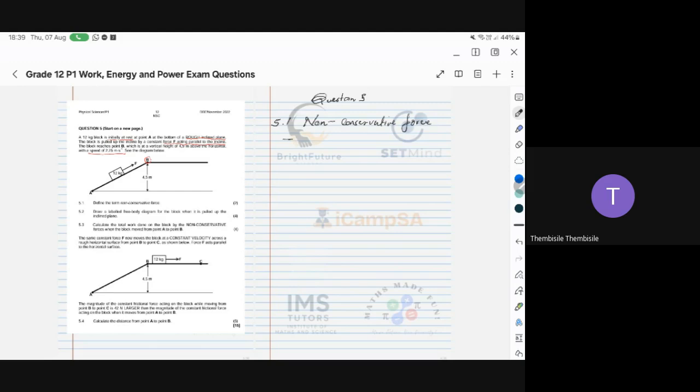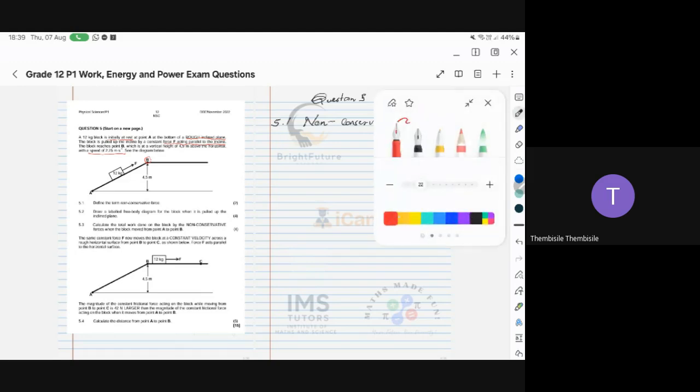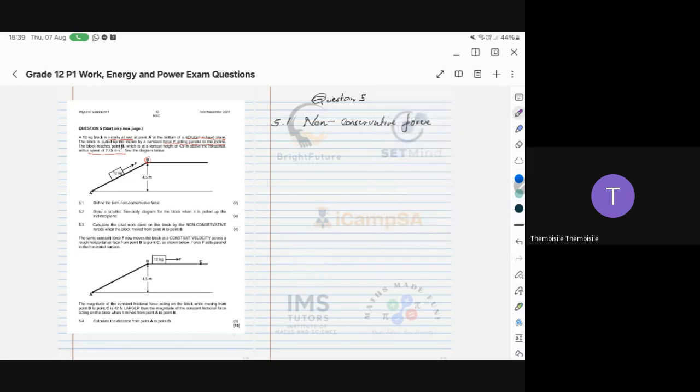So now I'm going to give you a definition for this. You should check it in your exam guideline so that you write it the way they want it, because there are certain keywords that they want.